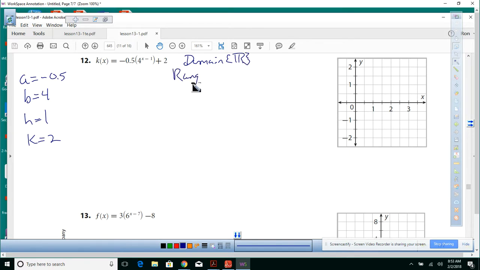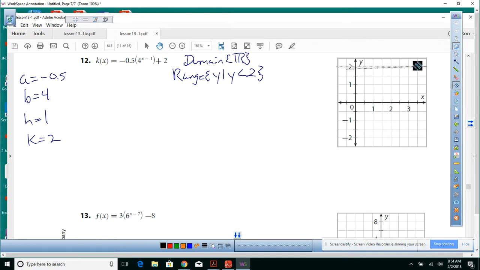Range is y such that y, A is negative, so it's going to be less than, and then K is 2. So we have K is 2, so that's going to be our horizontal asymptote.